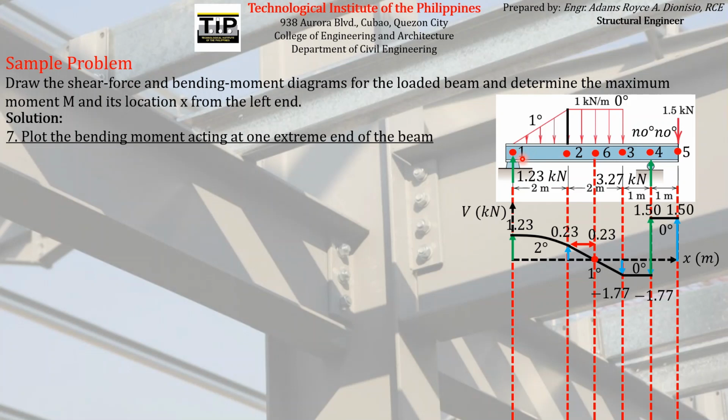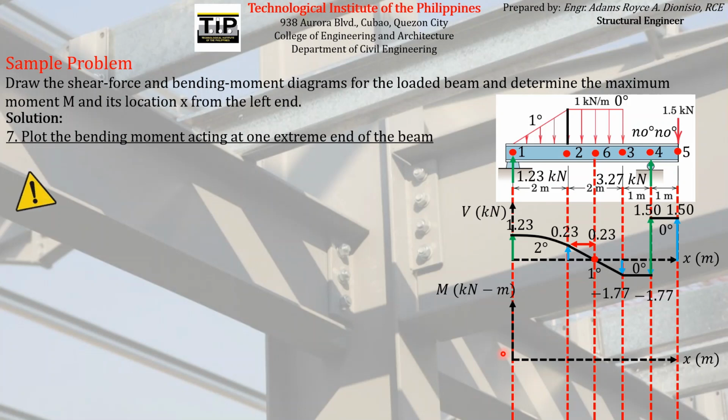And again, the end of the beam that we use is the leftmost end. So we just have to plot the concentrated bending moment acting on point 1 on a coordinate plane which has a horizontal axis, which is again the location of all the particular points along the beam, and a y-axis, or the vertical axis, corresponding to the bending moments acting on the different points on the beam.